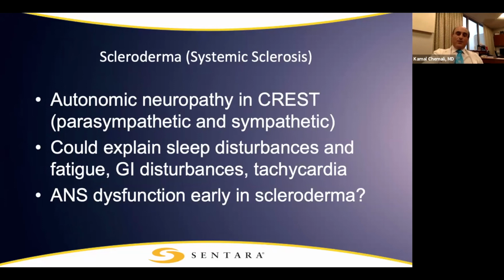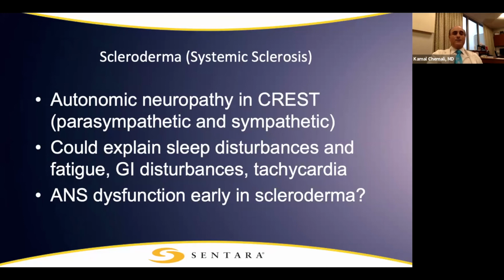Another condition is called scleroderma or systemic sclerosis. So this is part of a syndrome that we call CREST. And autonomic neuropathy has been well described in CREST. It affects both the parasympathetic and the sympathetic nervous system. I do check for that when I work up a disorder of the autonomic nervous system with an underlying small fiber neuropathy.